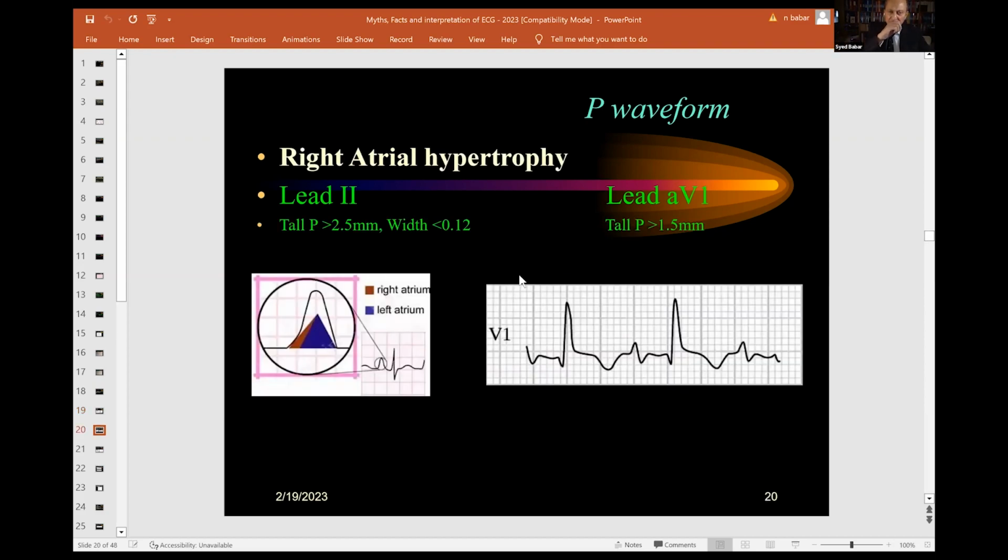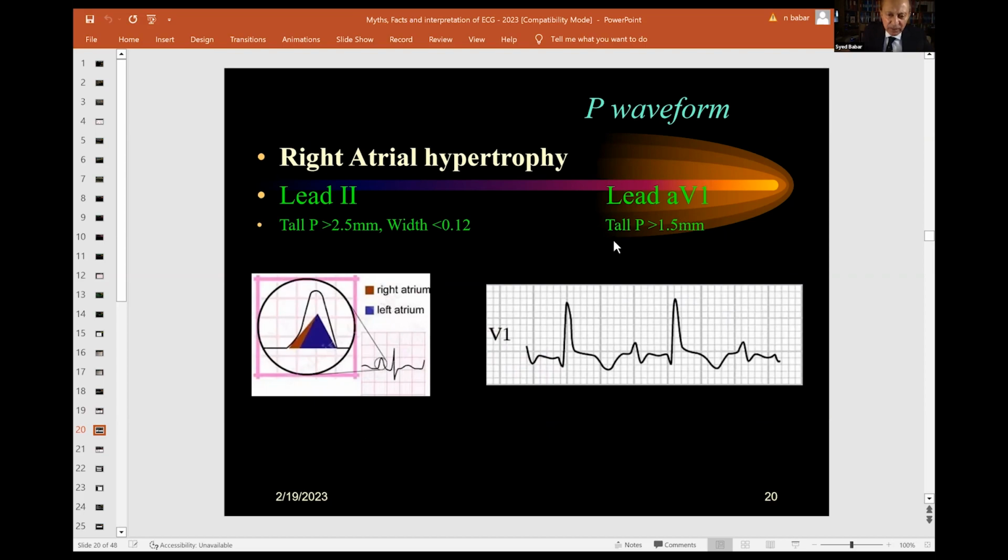And so what happens if the right atrium is hypertrophied? Then in lead 2, you see a tall P wave, and this is now predominantly, the first part of it is the right atrium, and the bottom part is the left atrium.